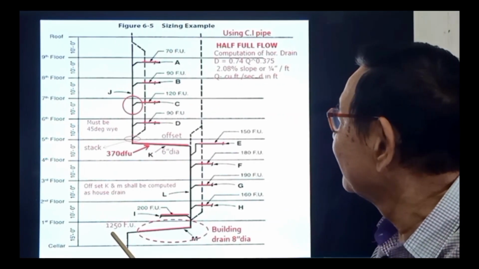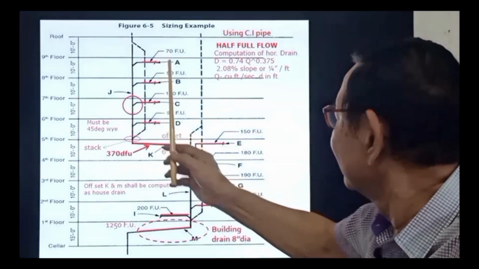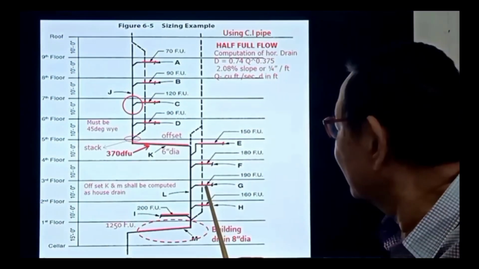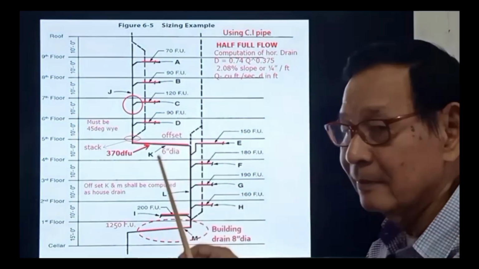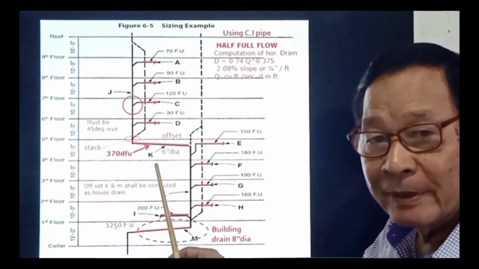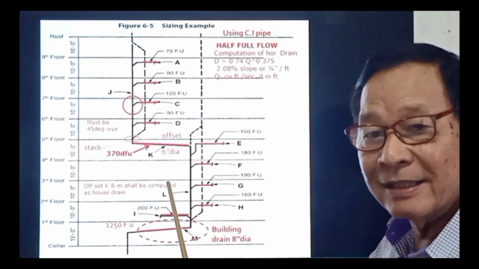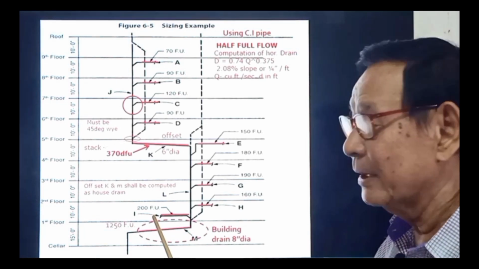Let's go back to our sizing example. This horizontal drain that we will have is already solved. Even if I did not show it on the board, you solve it for whatever it is, the equivalent of the diameter. Okay?